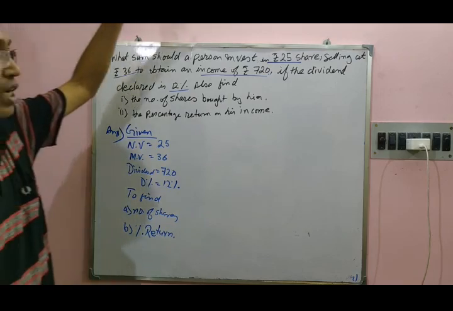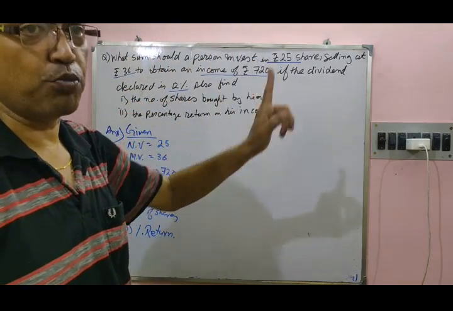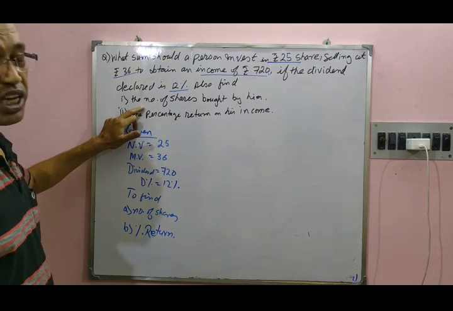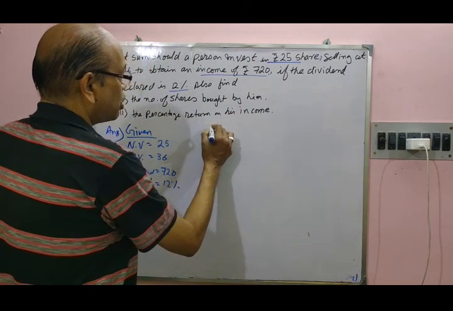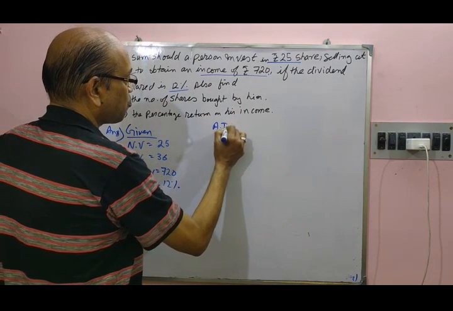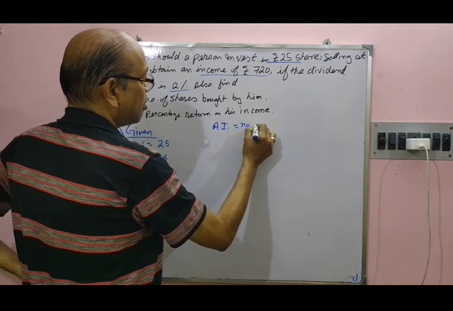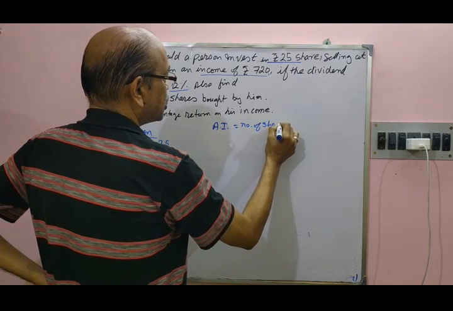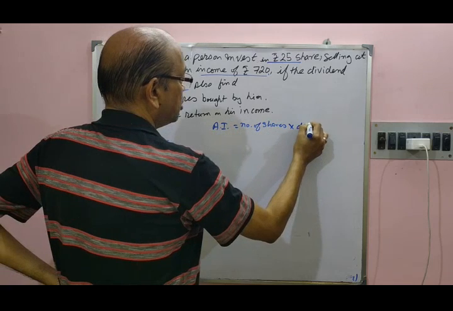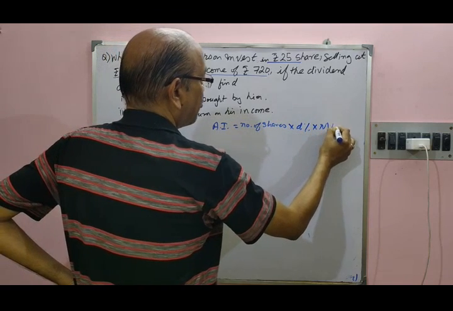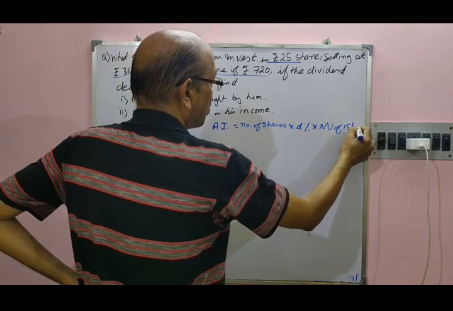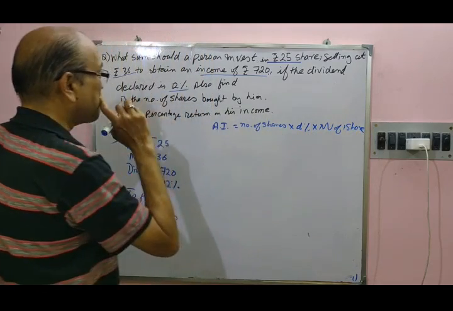So number of shares can be found out from the annual income formula. What is the annual income? Number of shares into D percent into NV of 1 share.